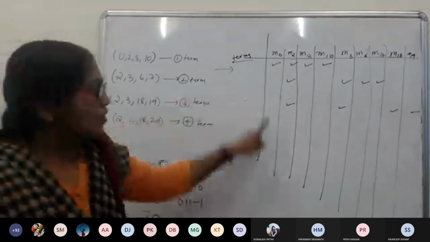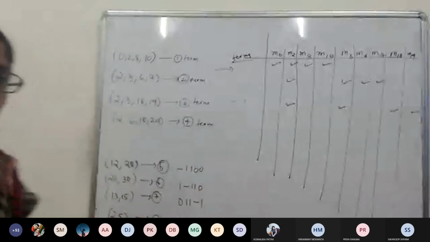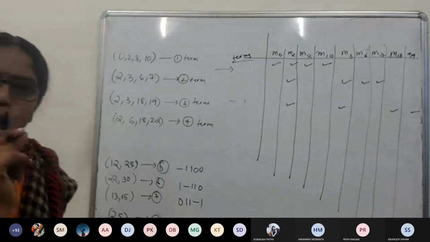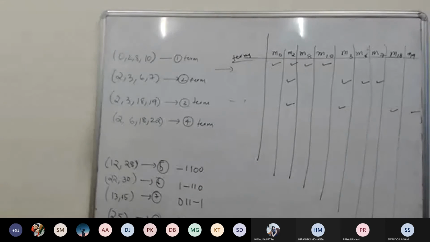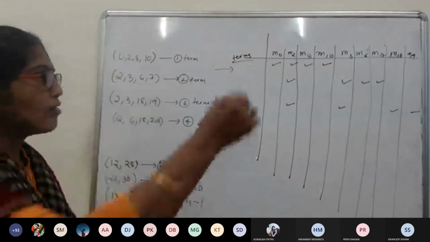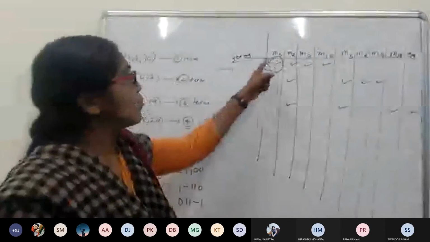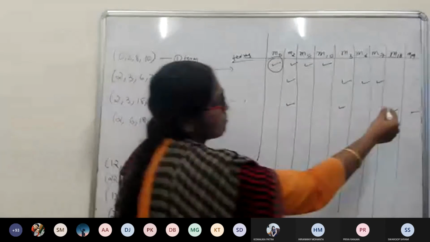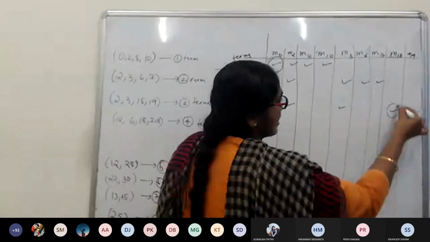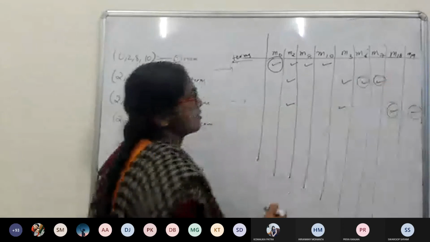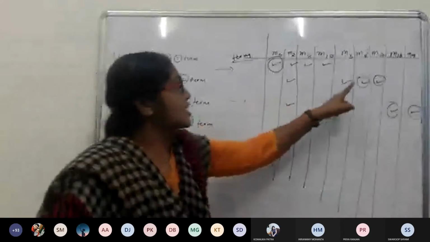Then afterwards, we will see column wise, whichever column will have the least, meaning only one tick. That one we will circle. For example, if this is having only one, we will say M0 is essential. If, for example, till this level, this is essential, this is essential, this is essential, this is essential, so we will say these are the essential ones.